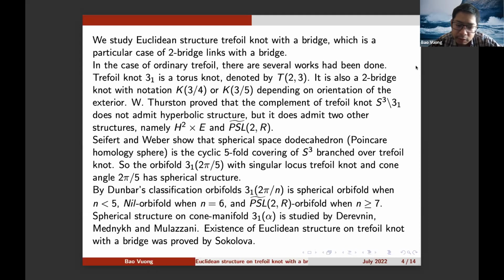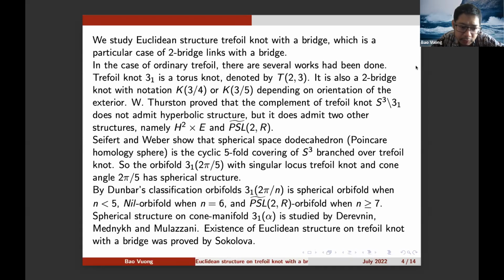So the orbifold with singular locus the trefoil knot and cone angle 2 pi over 5 has spherical structure. And by Dunbar's classification, the orbifold (3_1, 2 pi over n) is a spherical orbifold when n is less than 5, a Euclidean orbifold when n is equal to 6, and a PSL2R orbifold when n is greater than or equal to 7.